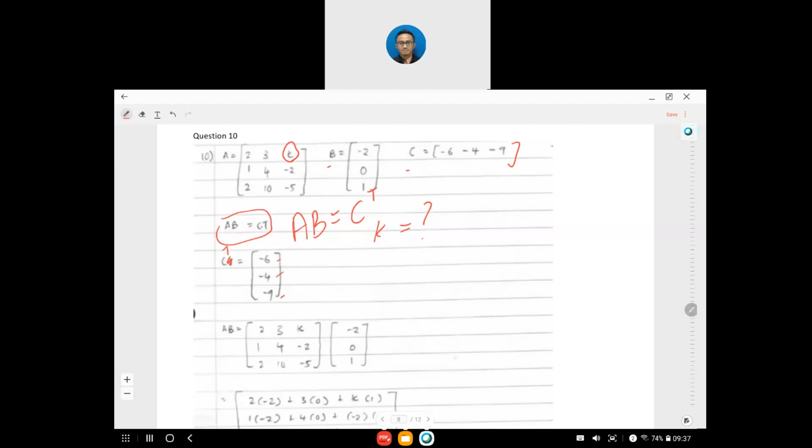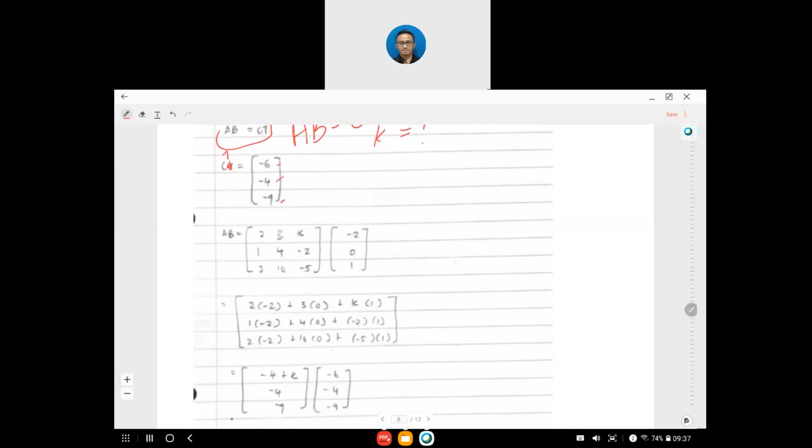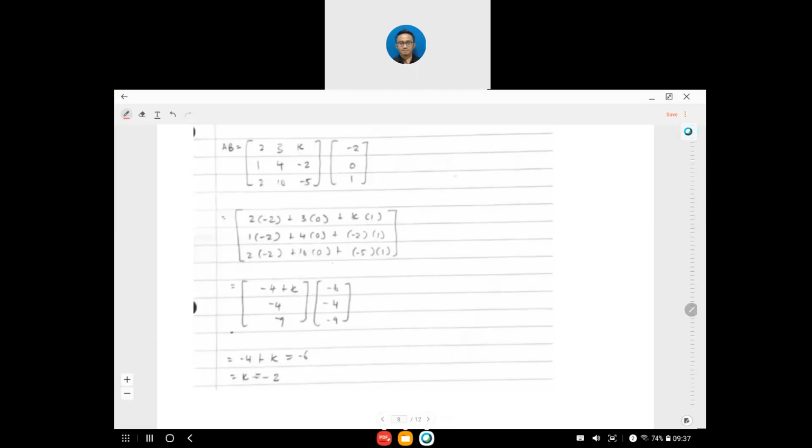And then A times B, you have 2, 3, K, 1, 4, negative 2, 2, 10, negative 5 times by negative 2, 0, 1. So you get negative 2 times negative 2, K times 0, 3 times 0, and K times 1. So you can get this one.